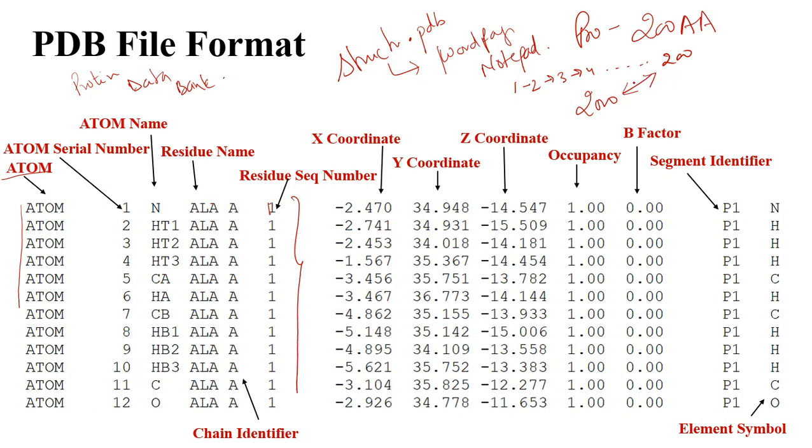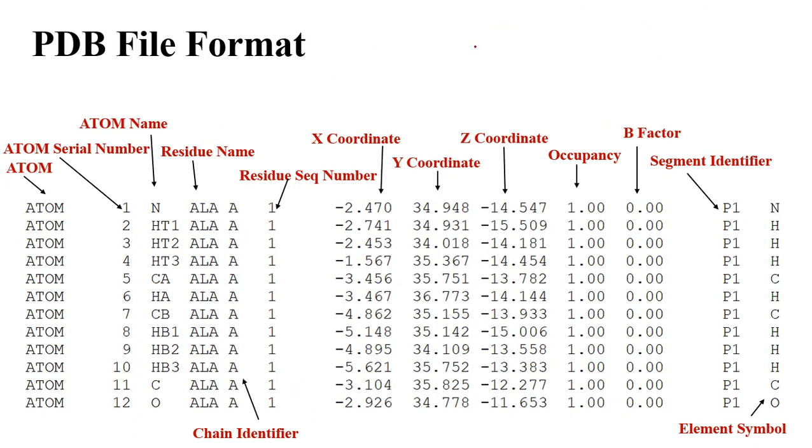This is just talking about the residue name, meaning how many amino acids you have. And just wait, this is the basic structure of an amino acid, and each amino acid changes with this R group. So the serial number means how many atoms each particular amino acid contains.